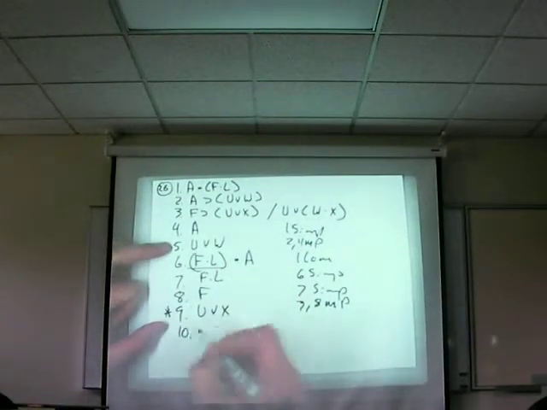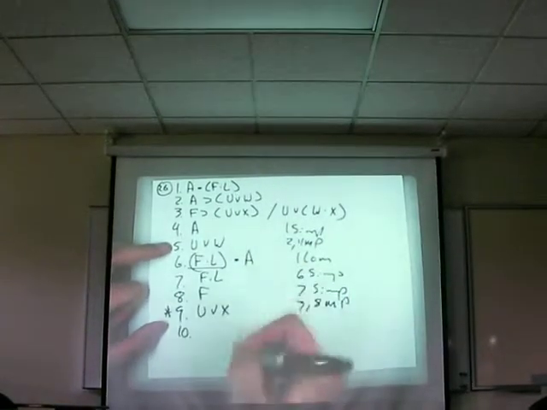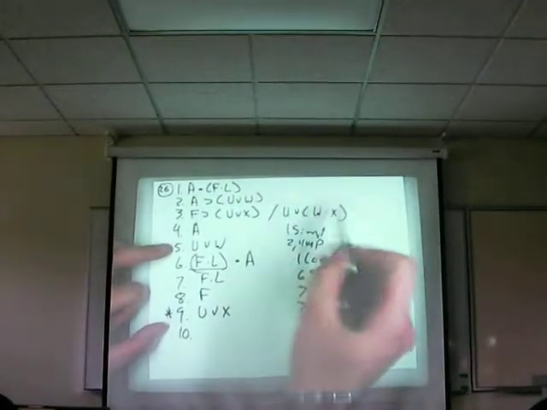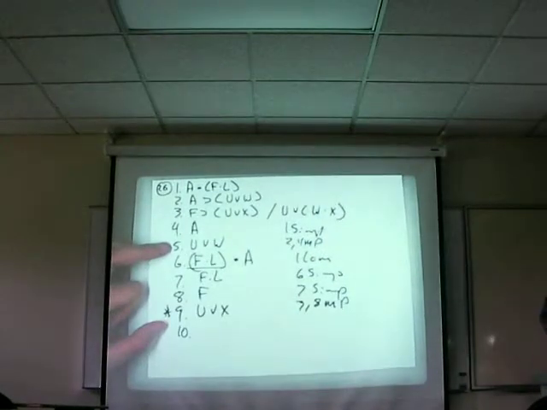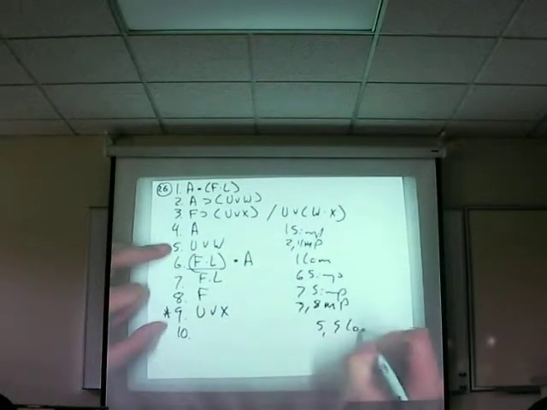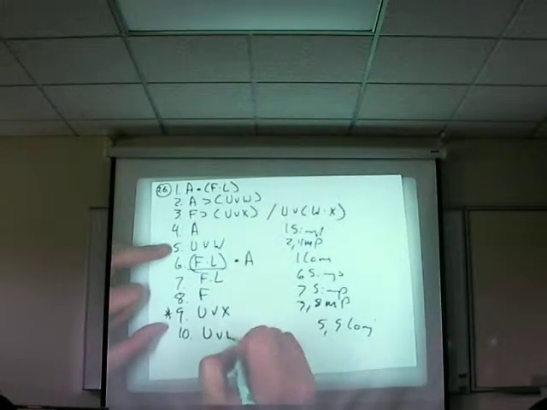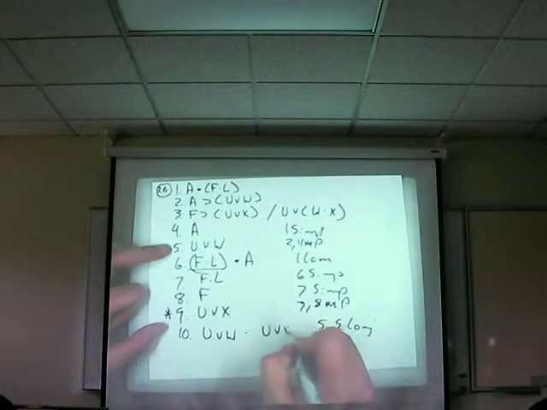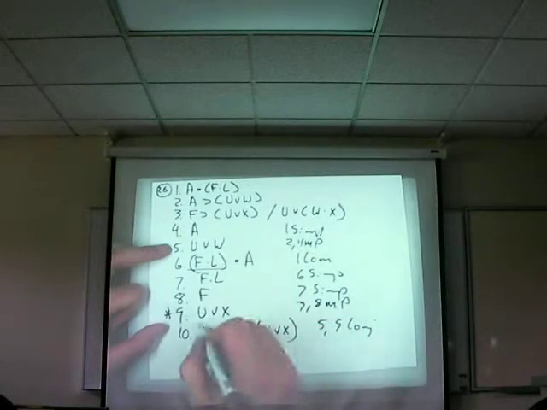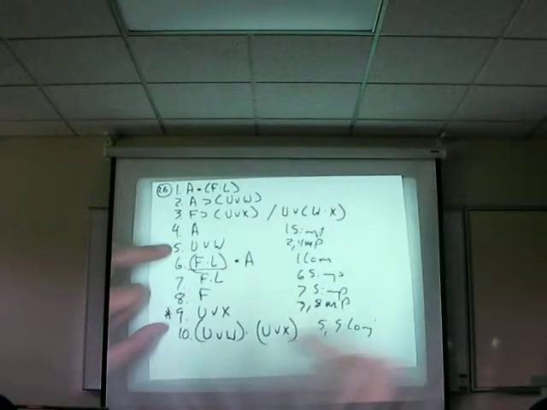So here's what it looks like. Not an easy, obvious step here to make. But with a little bit of thought, we can set up that distribution that we need to ultimately finish this problem off. So again, 5 and 9 conjunction, jam the 2 together with a dot, and we'll get U or W and U or X. Put in the parentheses, clearly identifying the dot as the main operator, and now we've got the textbook case of distribution.